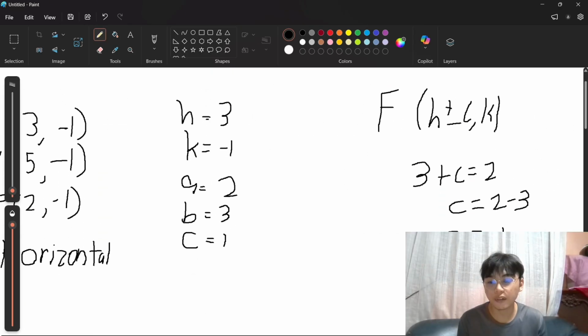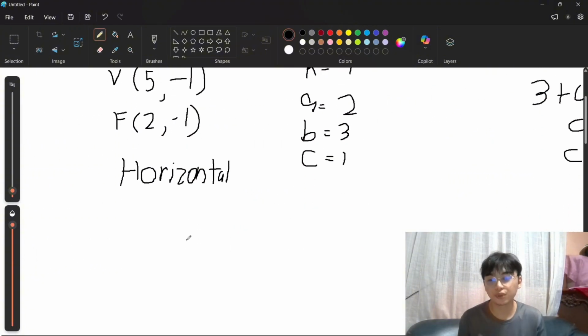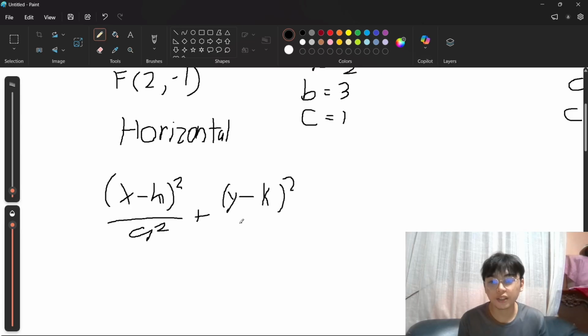Now that we have our h, k, a, b, and c, we can substitute them into our standard equation. Our standard equation is (x minus h) squared over a squared plus (y minus k) squared over b squared equals 1.